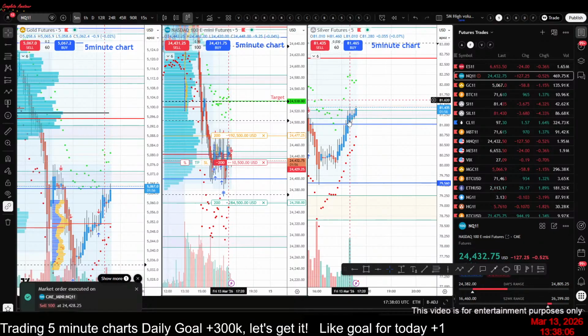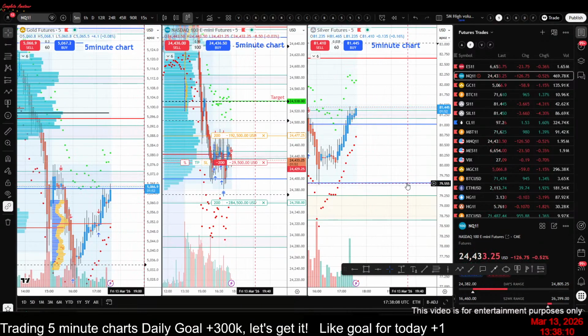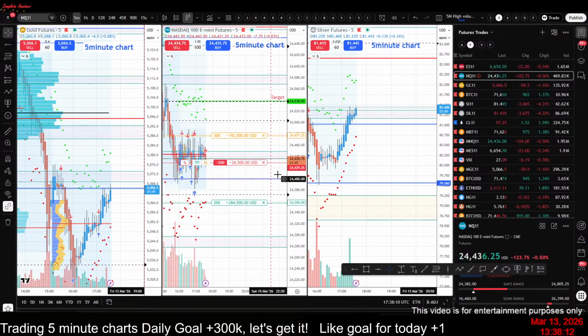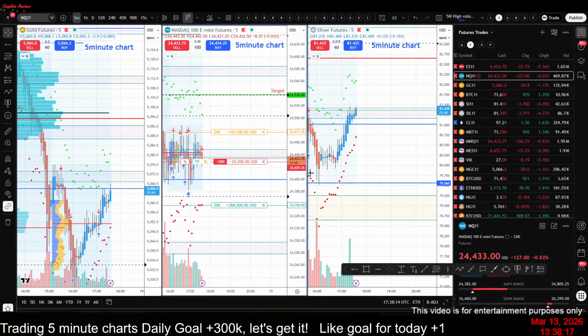So the issue might be here is the gold is going up, silver's going up, and I've got a short in NQ, so that might be where I'm going to have an issue here.